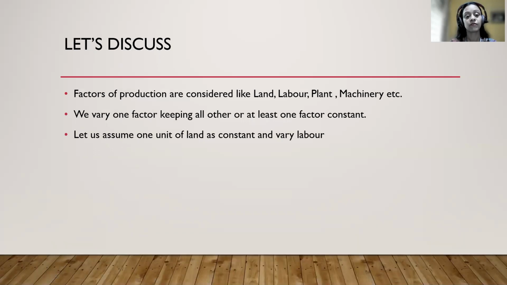Let's discuss the factors of production like land, labor, plant, machinery. We vary one factor, keeping all other factors constant. In our case, we are going to keep land constant and we are going to vary labor.